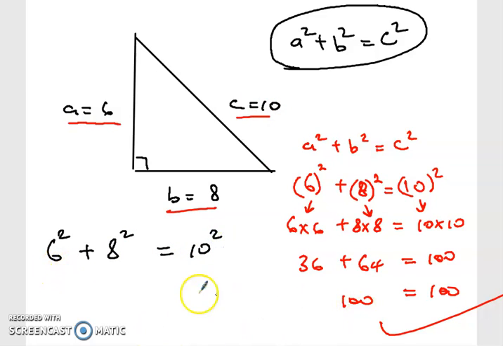Which we did in this part. So this will give you 100, which is equal to 100, which is true. So that proves the use of the Pythagoras theorem.